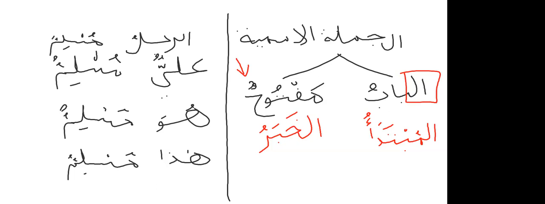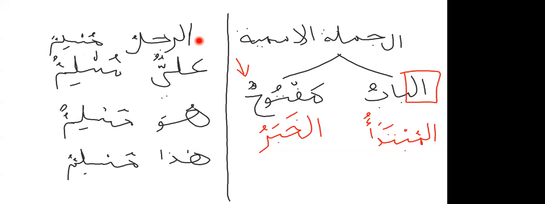Remember, we said al-jumla al-ismiya consists of al-mubtada, the first noun, and al-khabar, whatever gives us information about that noun.